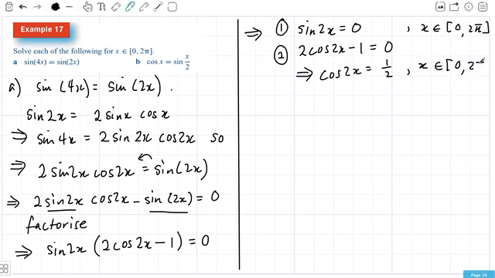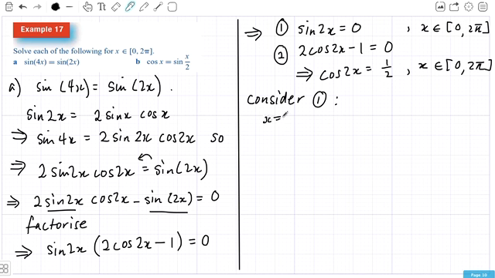Okay, so let's consider them one at a time. The first one, we're going to consider 1, and we've got sine of 2x equals 0. What that means for us is that, for this angle 2x, we need to think about what it's going to be at the minimum and maximum values here.